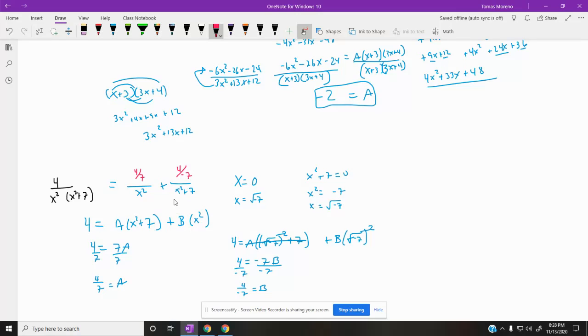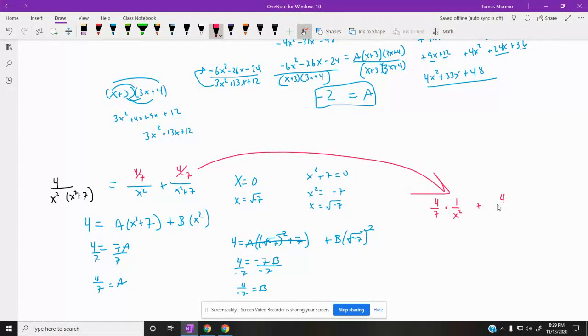We have a fraction over a fraction. I'm big on this keep change flip idea, so I'm going to write it over here. You keep the top, change the division to multiplication, and flip the bottom one. So it's x squared, so it's going to be 1 over x squared.